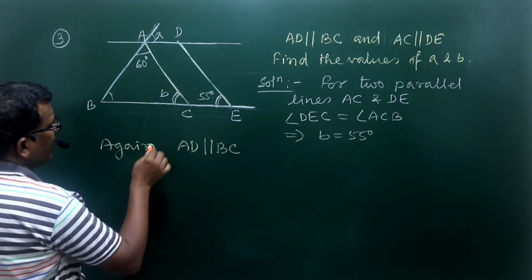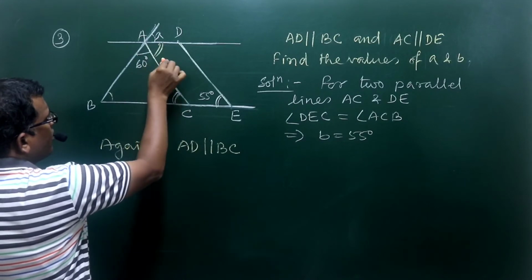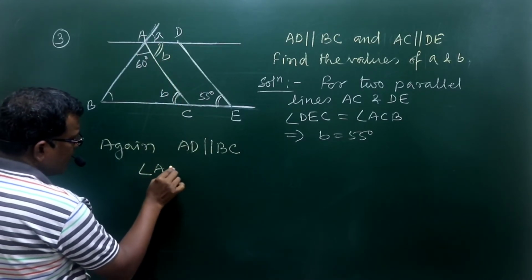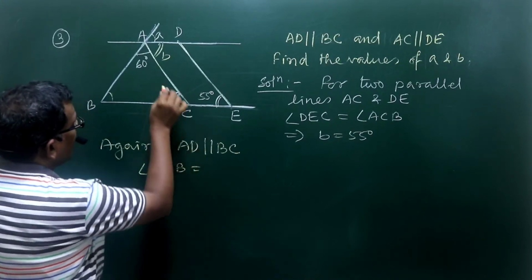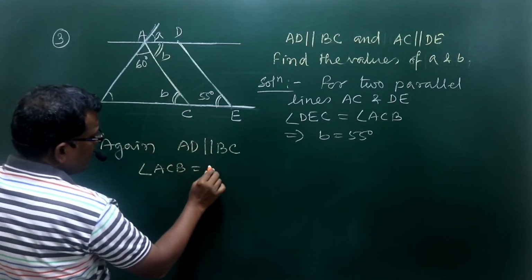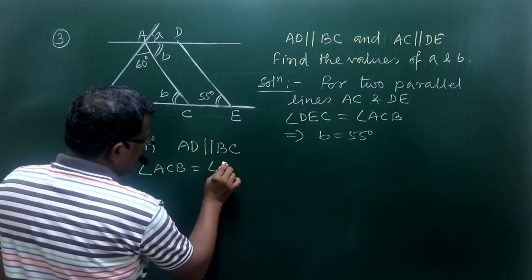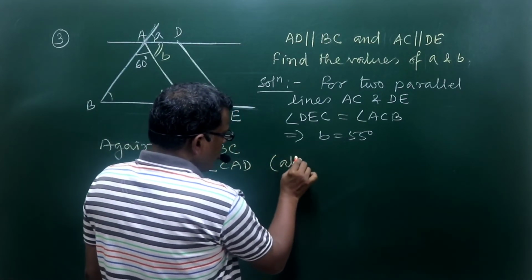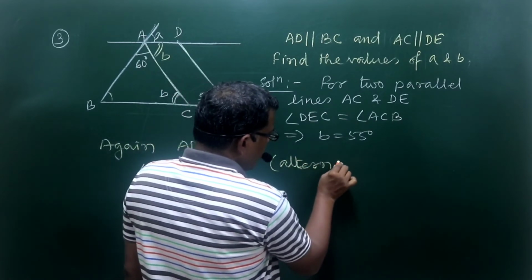So can I say this angle will be equal to this B, that is angle ACB, can it be written equal to angle CAD? They are the alternate angles.